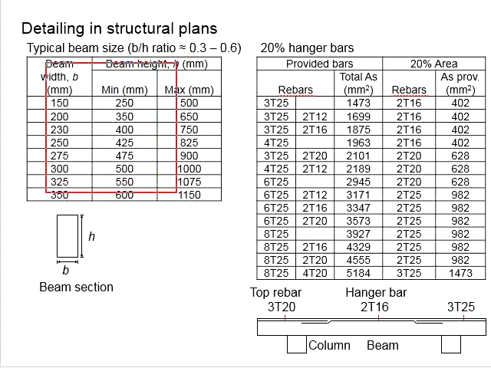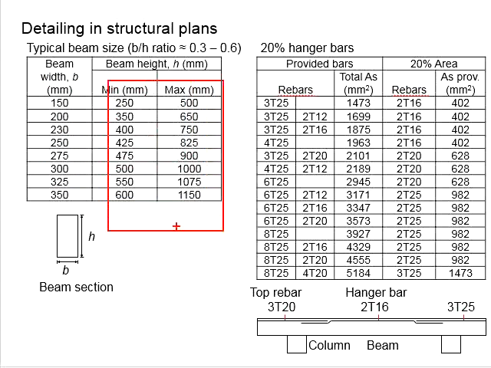And this table is actually worked out on the basis of this ratio. If B is 0.3 times the height, that gives you the maximum height in this column. And if B is considered 60% of the height, that means the minimum height will be this. These are the typical widths of the beams, as well as the applicable range of heights.